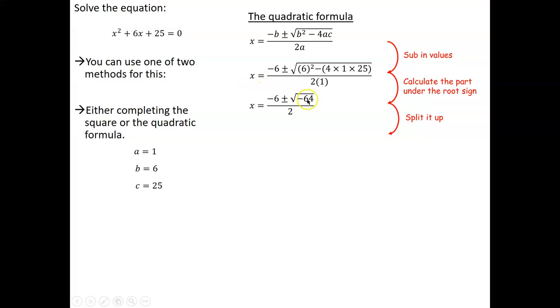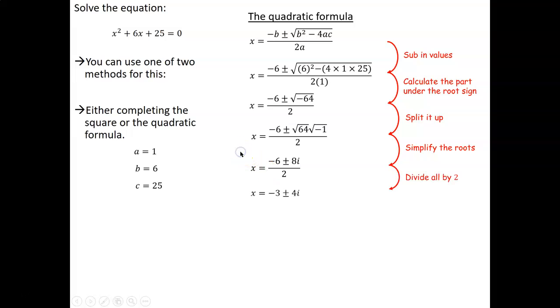Split the negative 64 up. Simplify. And then divide by 2. So the solution, as before, is either x equals negative 3 plus 4i, x equals negative 3 minus 4i.